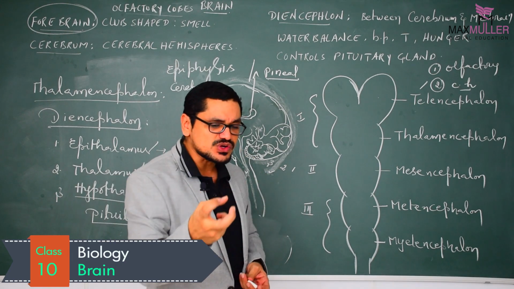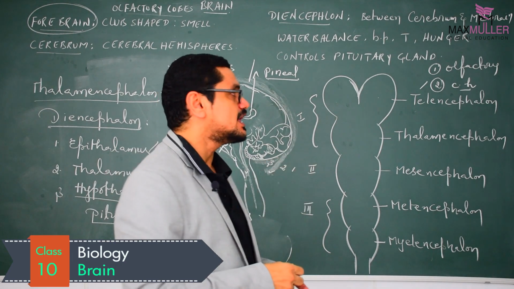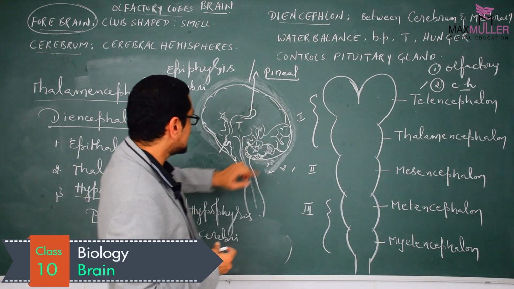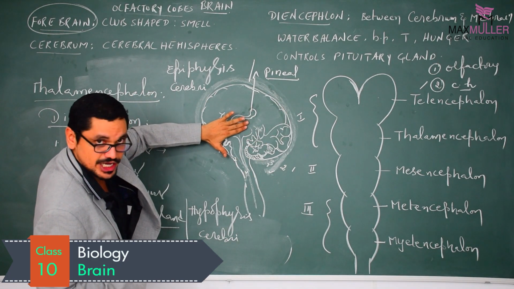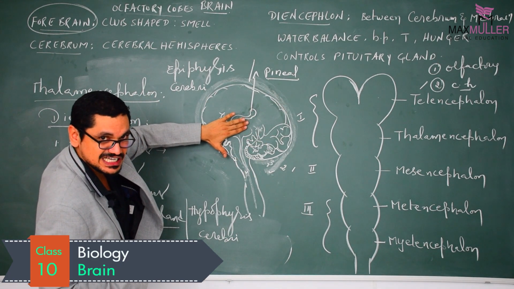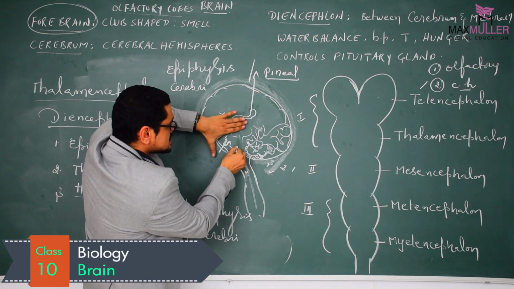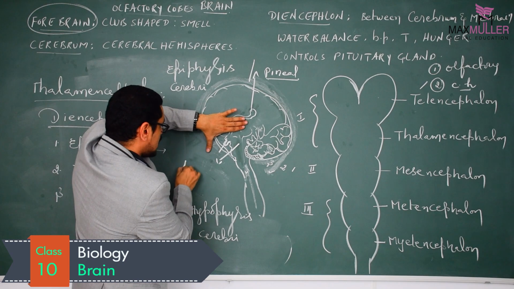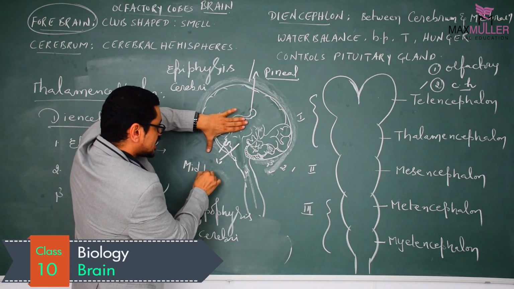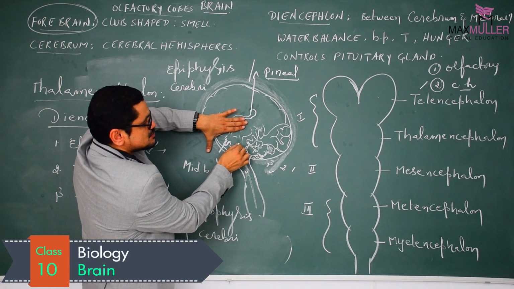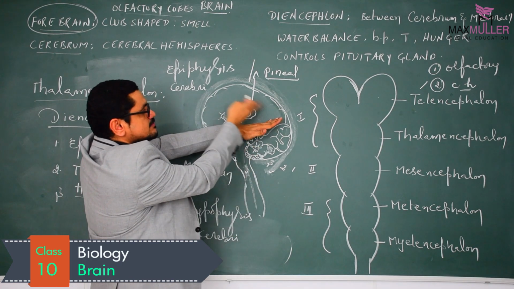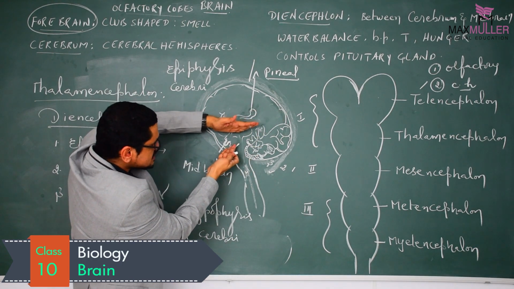So now if you observe the functional aspects of the diencephalon, actually this is the area we are talking about. Hope you got the clarity. This area is called midbrain, the second part of the brain. Everything here comes under the first part of the brain, and this is the second part.